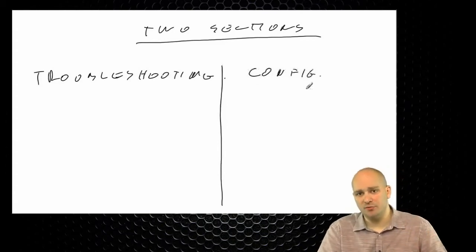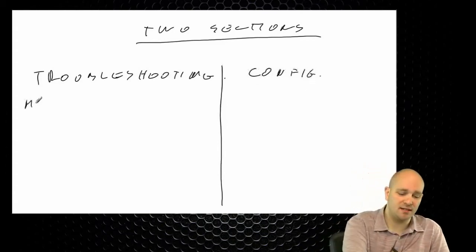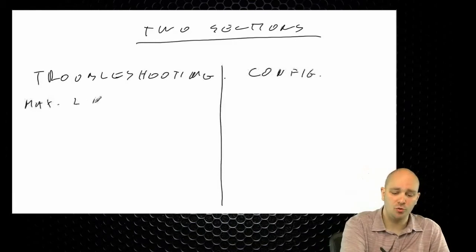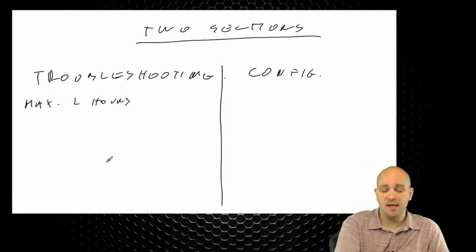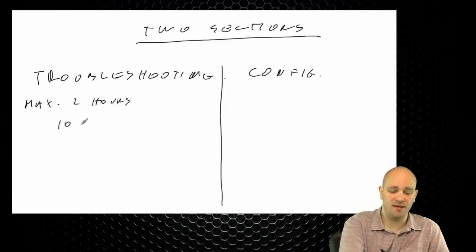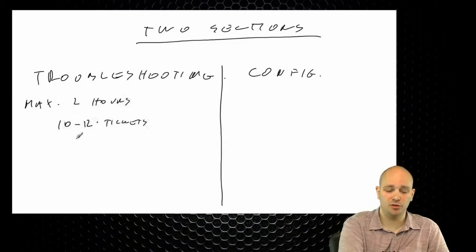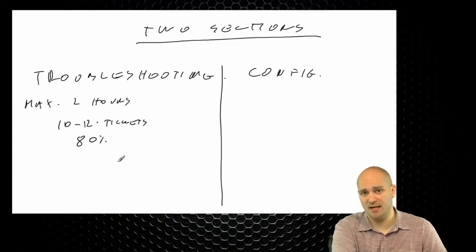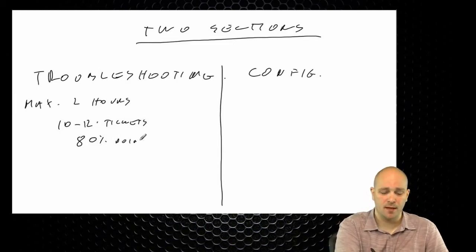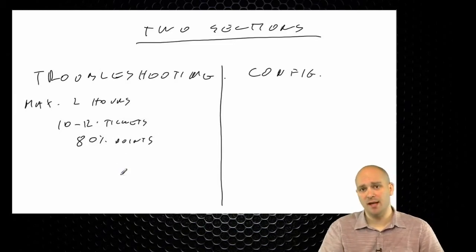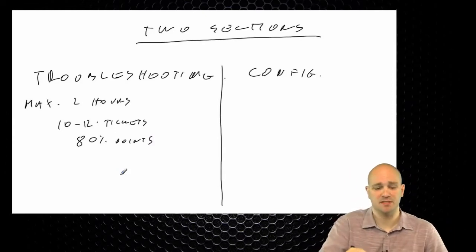Now, the characteristics of the troubleshooting section: it is a maximum of 2 hours long. In these 2 hours, you will be faced with 10 to 12 tickets, and you need to solve at least 80% of the points assigned to the tickets. This is the official information from Cisco.